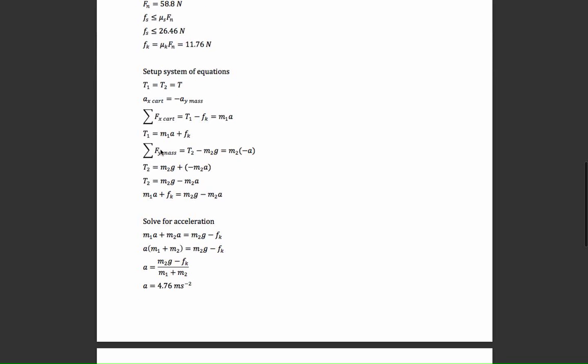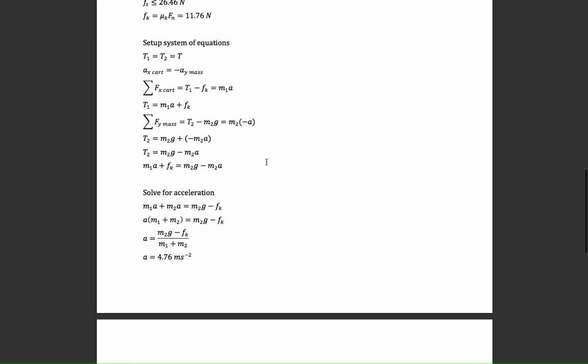Then we set up the net force in y of the hanging mass, which equals tension 2 minus its mass times gravity, which is equal to mass 2 times acceleration, but negative acceleration because it's moving downward.